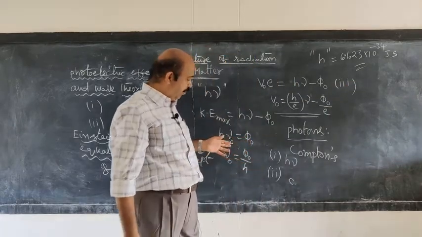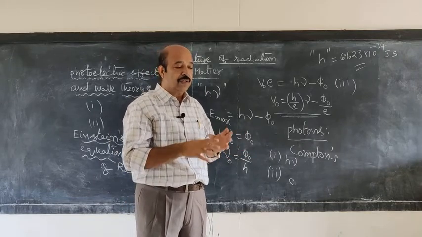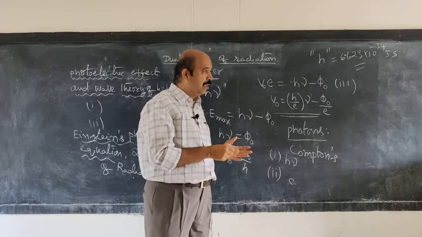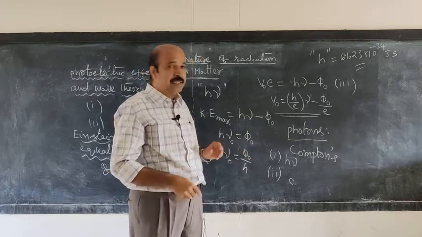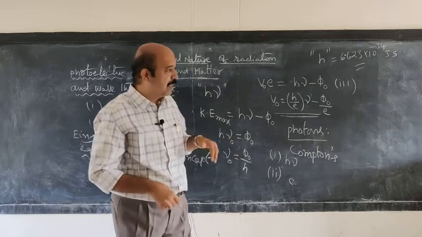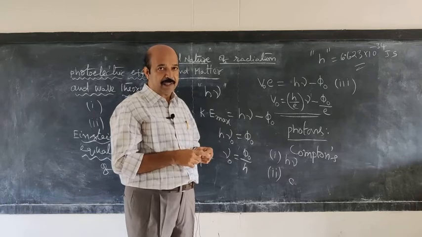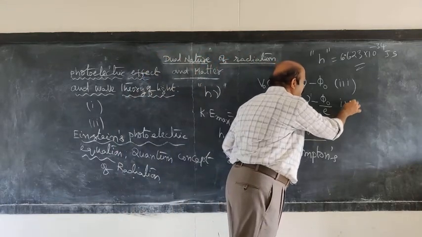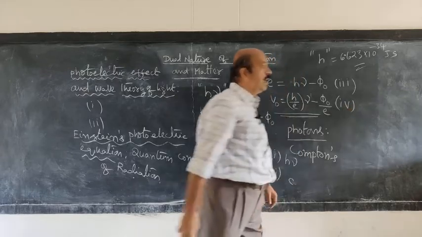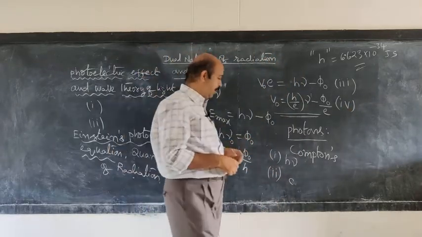Third one is, photons are chargeless particles. So they are not affected by electric and magnetic fields. They are neutral particles. And the next point is, photons not only carry energy, also momentum.